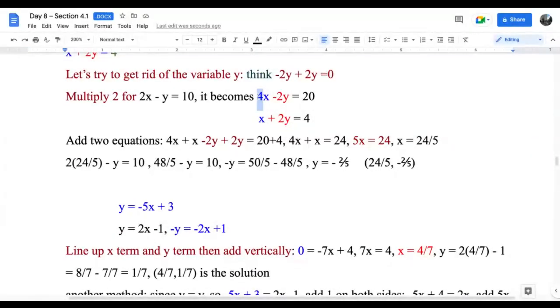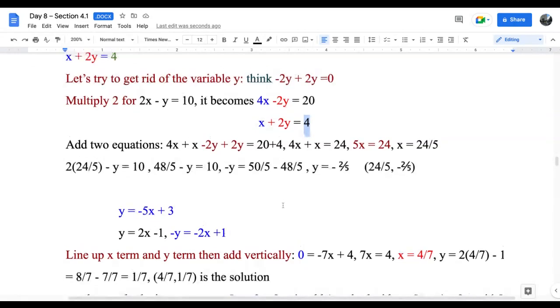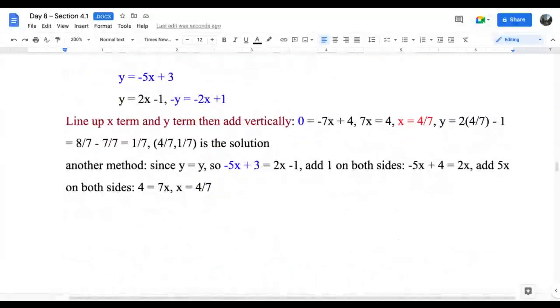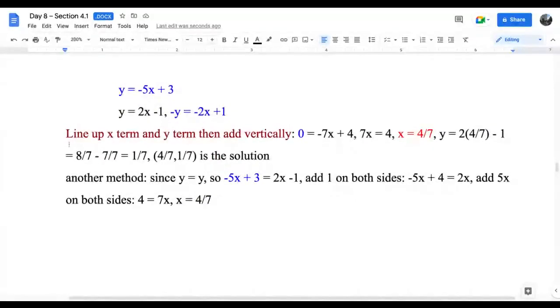We want to line up x term with x term, y term with y term, equal sign with equal sign, constant term with constant term. Basically we want to line up the terms and add them vertically.